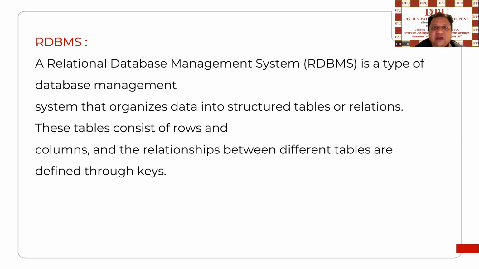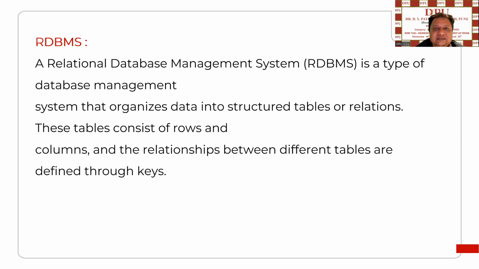For example, suppose I have a student table with columns such as student ID, student roll number, student name, student class, student marks, and email ID. These are the different columns of that student relation.